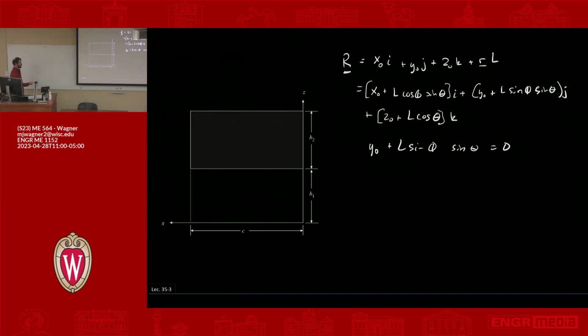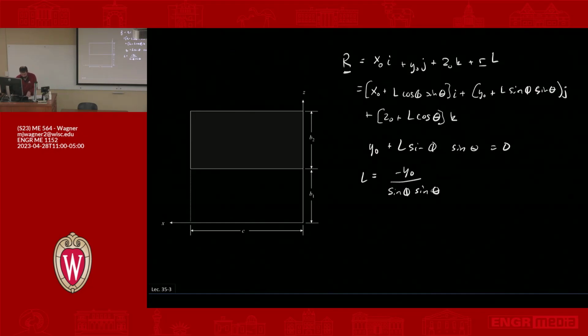Okay, so that's true. What else can we say? We can say that the length of this vector is going to be equal to minus y0 divided by sine phi sine theta. That's just solving the equation right above it.